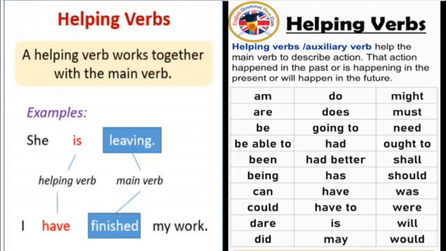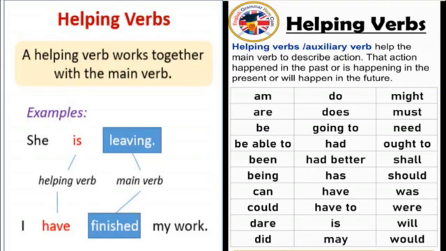Okay, so remember, helping verbs or auxiliary verbs, what do they do? They help the action verb to describe an action. Okay, now here below are examples of helping verbs.